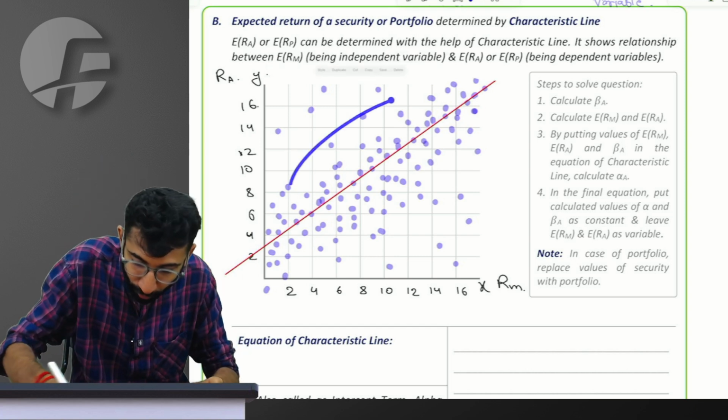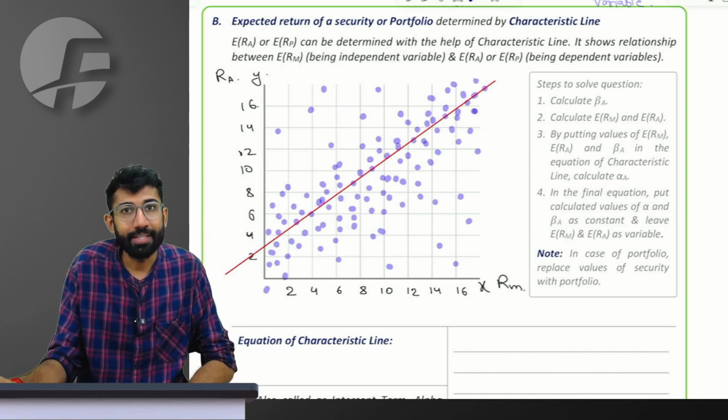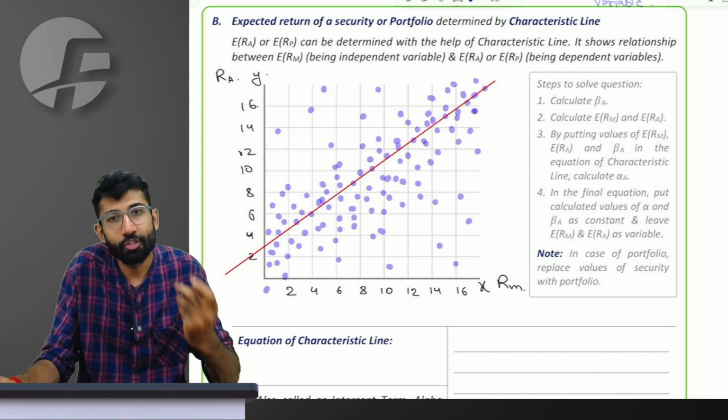And the way to calculate slope is quite easy. It is all logical.